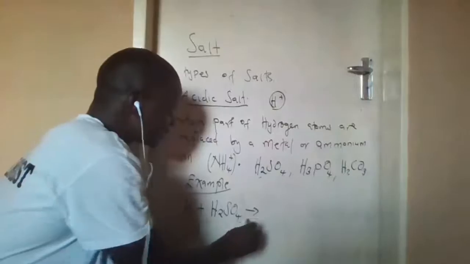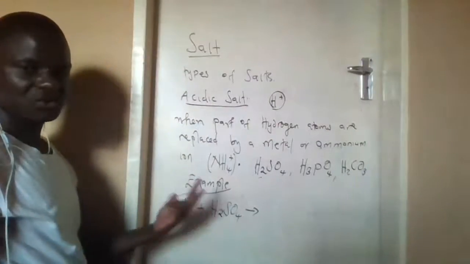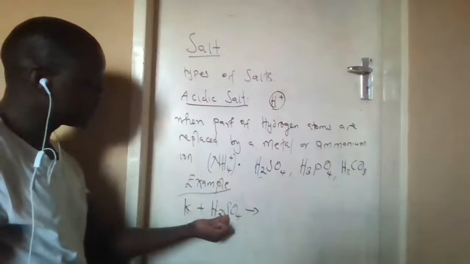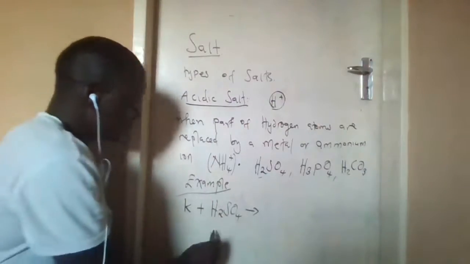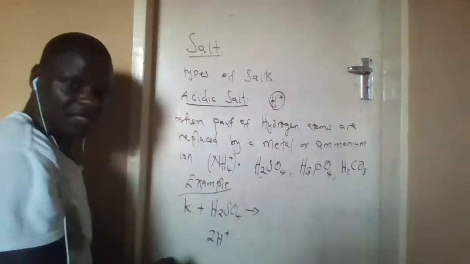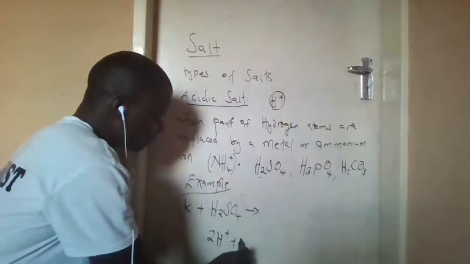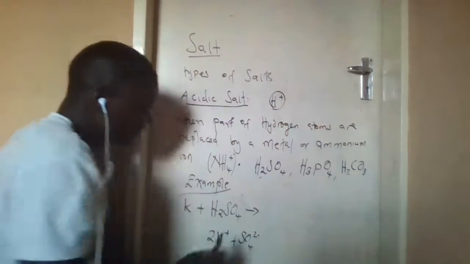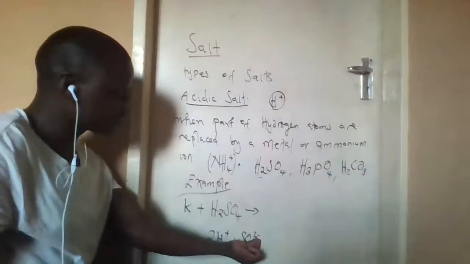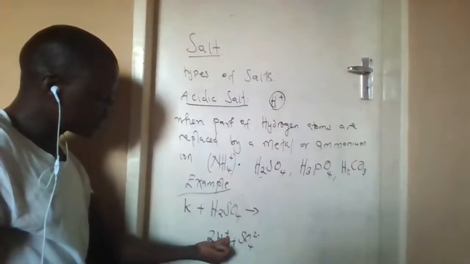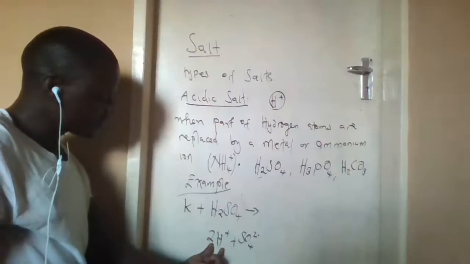But what is going to happen? In here, there are two hydrogen ions bonded to the sulfate ion. There is only one sulfate whose valence is 2, and each hydrogen gives one positive charge, but there are 2 of them.